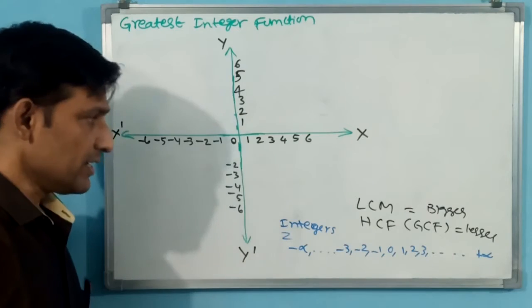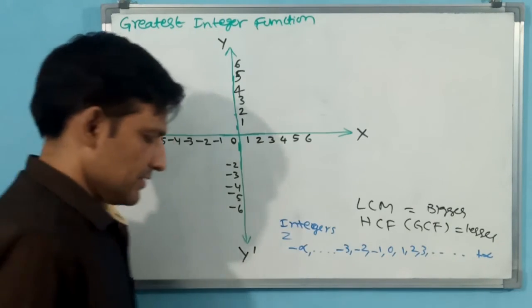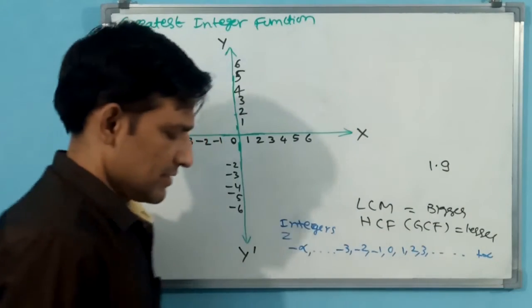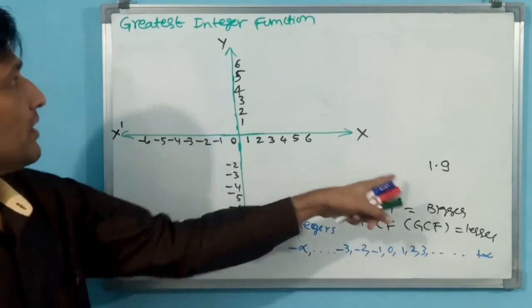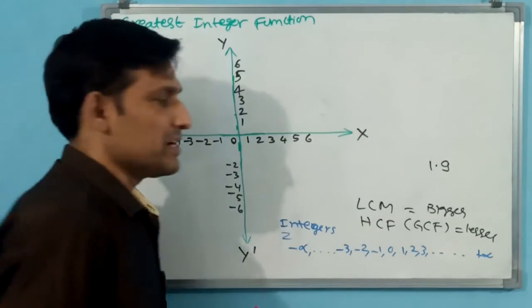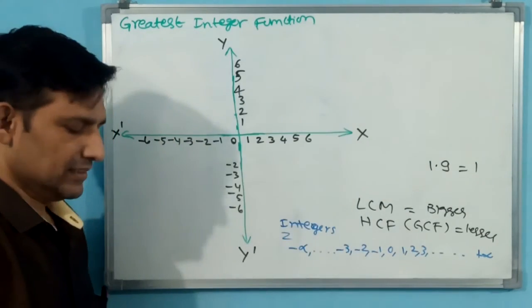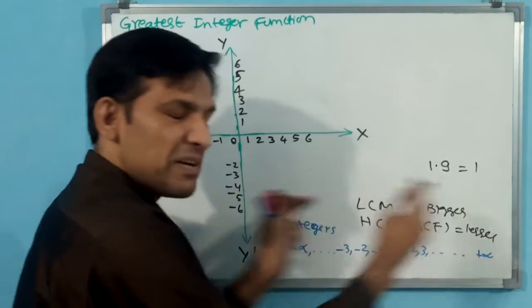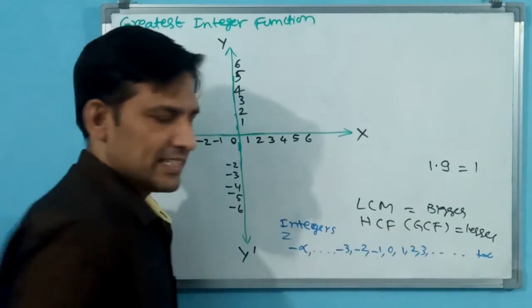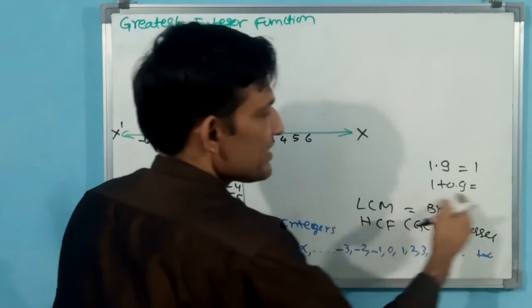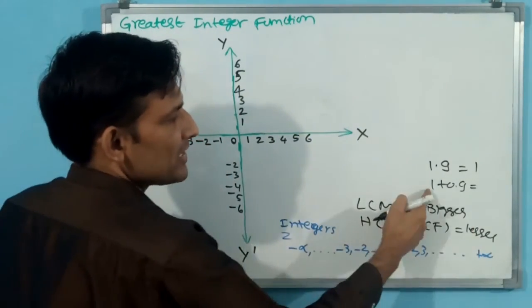See, if I write a number like 1.9, the greatest integer function will take it as 1 only. Why? Because here it will split the integer and fraction: 1 plus 0.9. Here the integer is 1 only.